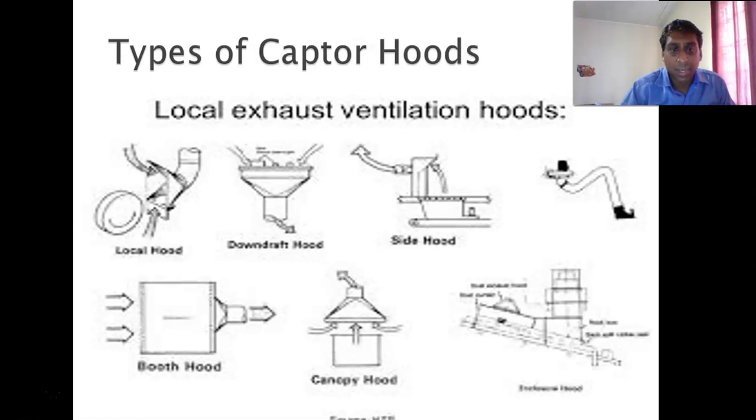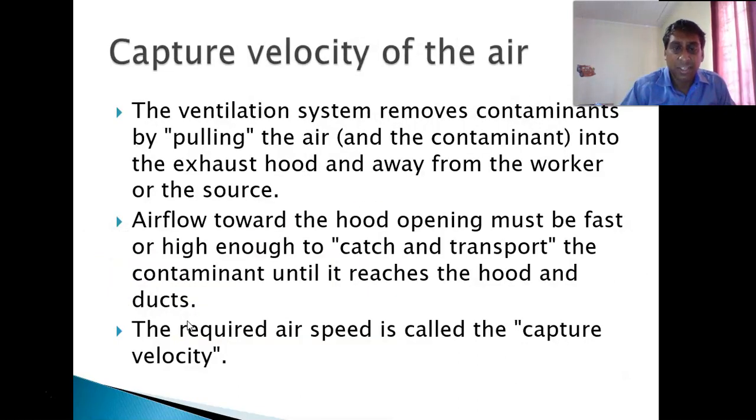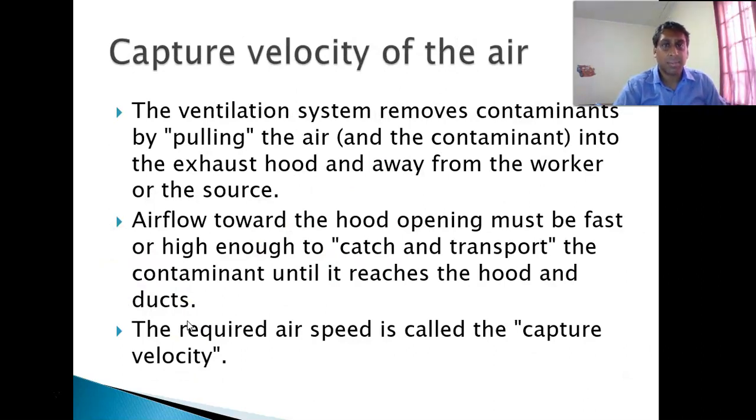Right, so I'd mentioned this term before. This is the capture velocity of the air. Let's read it out first and then see if you still need any explanation on it. The air at the face of the hood must be somewhat like a vacuum. It must be enough to pull the contaminants into the hood itself.